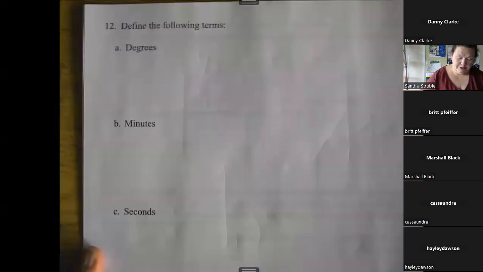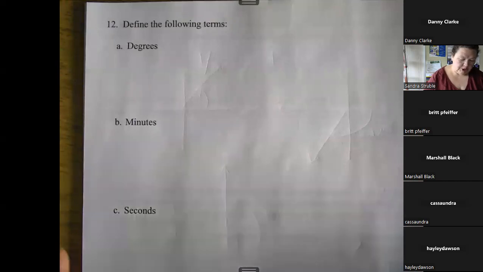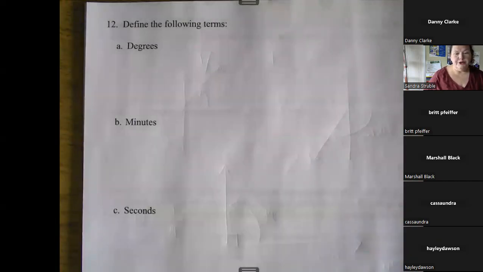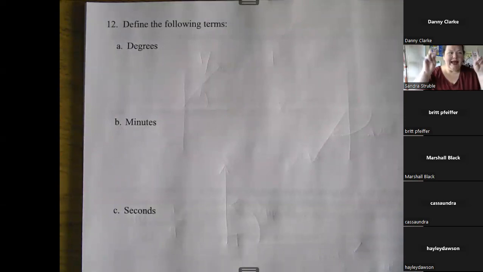Define the following terms. All right, this is where I'm going to give you not just the terminology, but also the symbols that represent them. So degrees, each of the degrees of your circle has 60 minutes in it. Think of it as a clock. And in this case, the degrees are going to be representative of the hours, quote unquote.